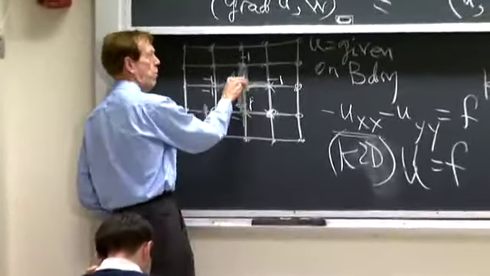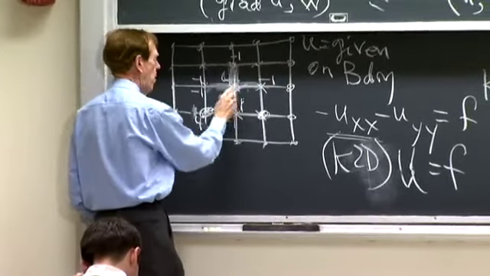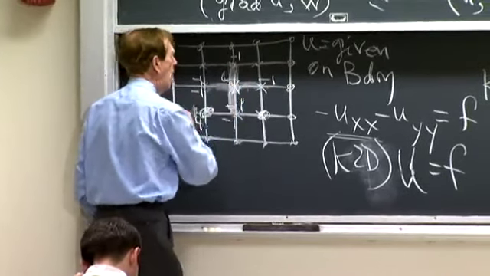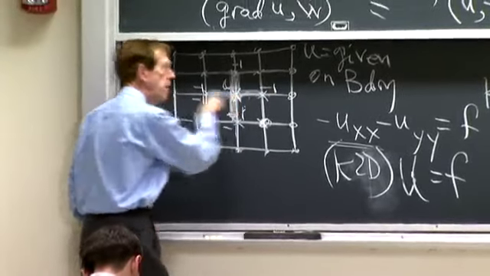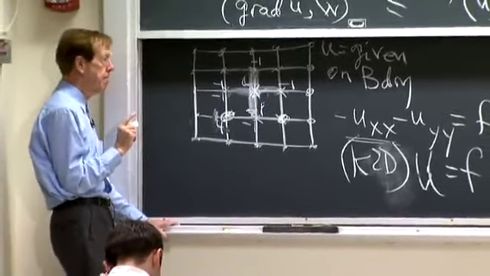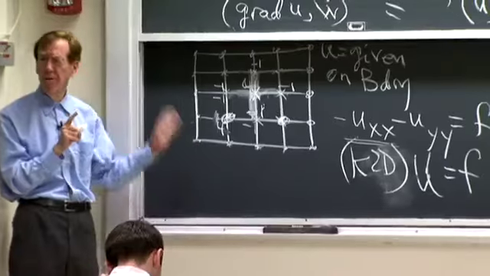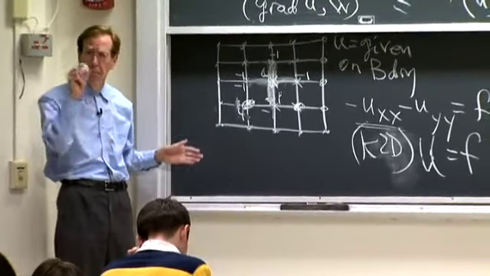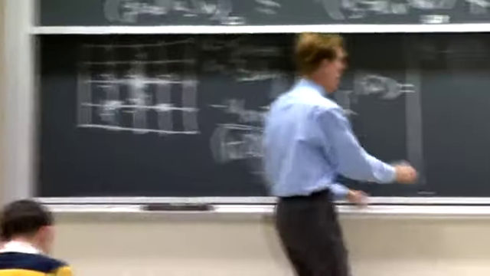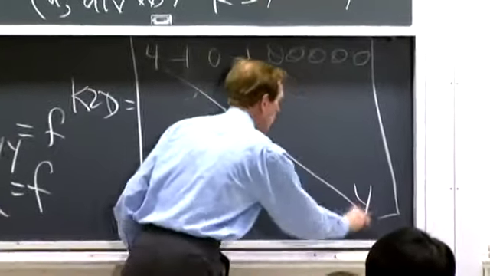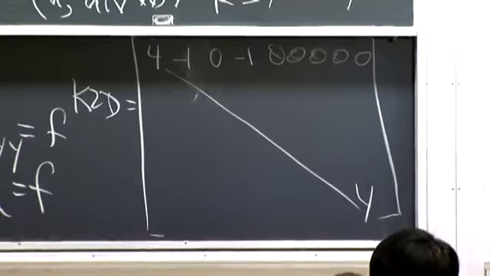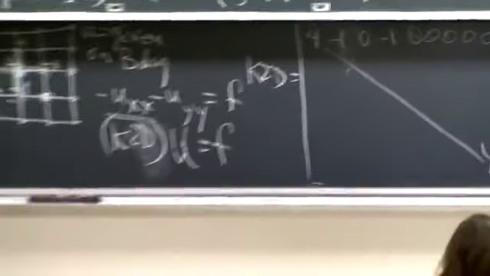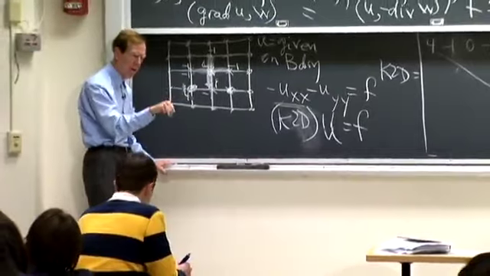How about the fifth row? What would be the fifth row of K2D corresponding to this guy that's right in the middle? What's on the diagonal? What's the 5, 5 entry of K2D? 4. Good. I'm going to have 4s all the way down the diagonal, because every point the molecule is centered at gives me the 4.